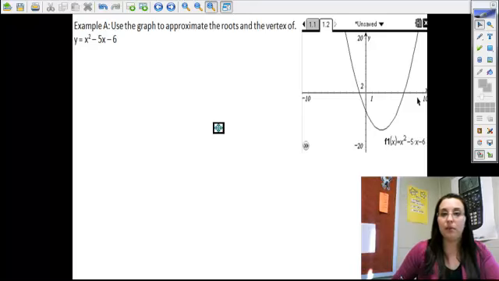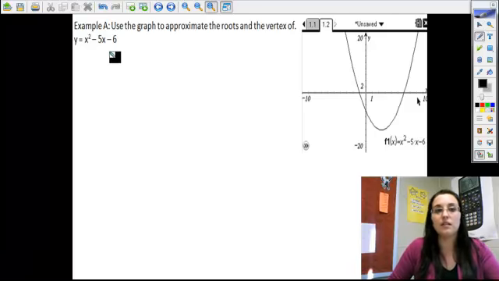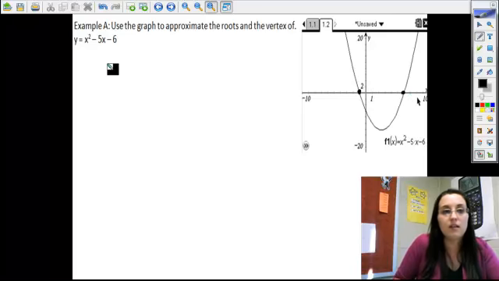So I'm going to do example A. I'm going to look at this graph here. I'm going to use the graph to approximate the roots and the vertex of y equals x squared minus 5x minus 6. So here's my equation. First thing I'm going to do is get my roots. Right here and right here. If I count 1, 2, 3, 4, 5, 6, my roots are 6 and negative 1.